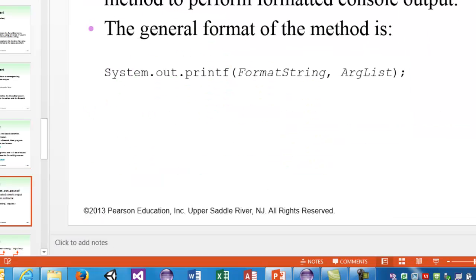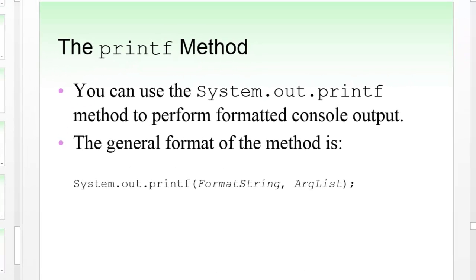Okay, so the next thing we're going to cover is from section 3.10. This is the system.out.printf method. In this case, you can use the system.out.printf method to perform formatted console output. The general format of this method is system.out, just like system.out.print or system.out.println for printing a string with a newline character attached at the end automatically.